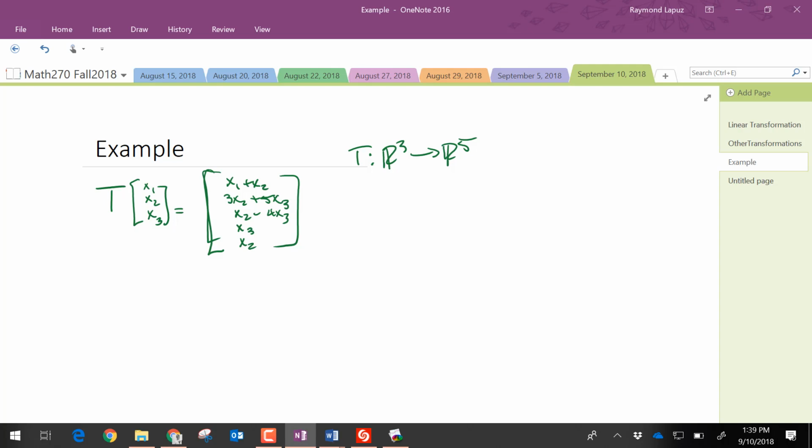So first of all, I would expect you to be able to prove that this is a linear transformation, by putting in an x plus a y vector or something like that, and showing that this is going to be Tx plus Ty, and then the scalar multiple, and show the work of how to show that this is a linear transformation. So show on your own that this is a linear transformation.